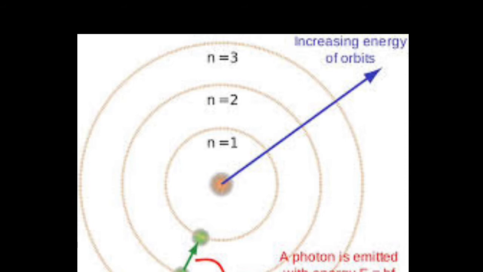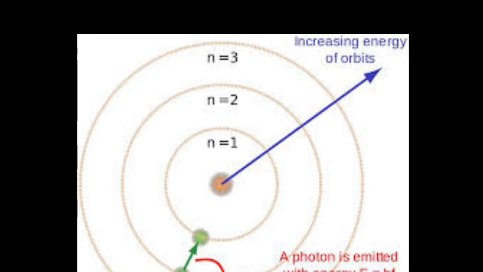The L orbit is a little far from the nucleus, so its value is 2. That means a little more. After K and L comes M. The M shell is very far from the nucleus, so its n value is 3. Like this. Understand?